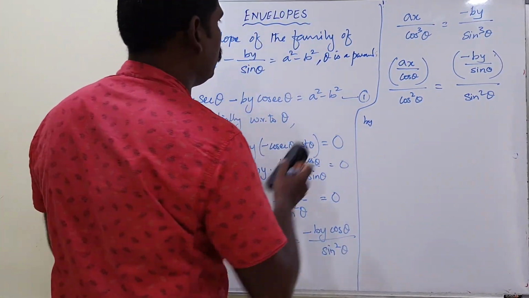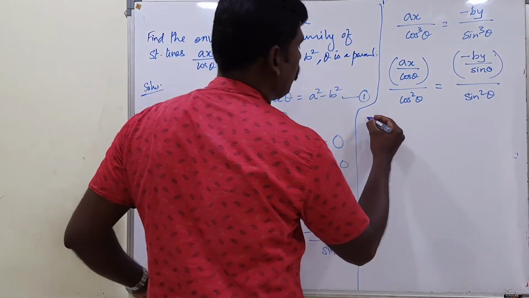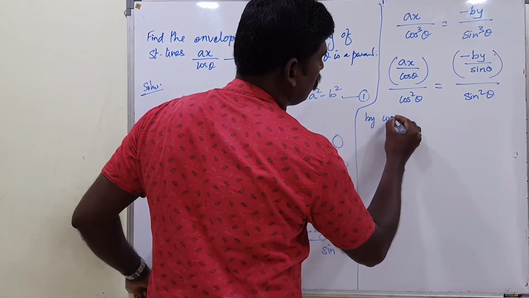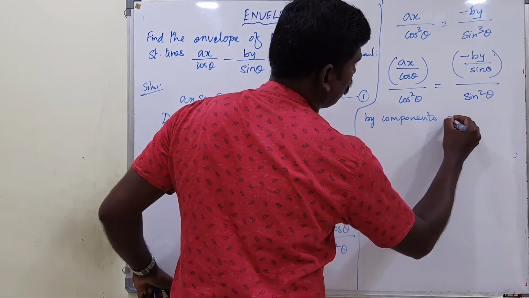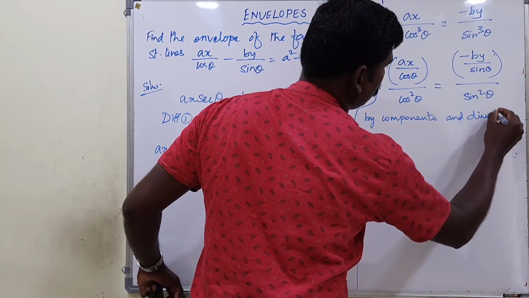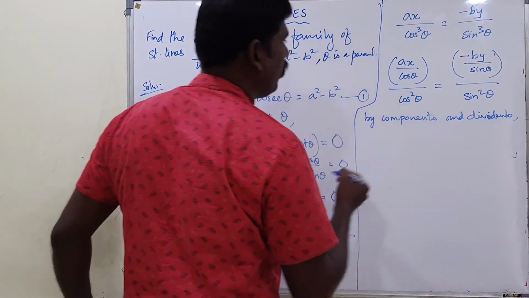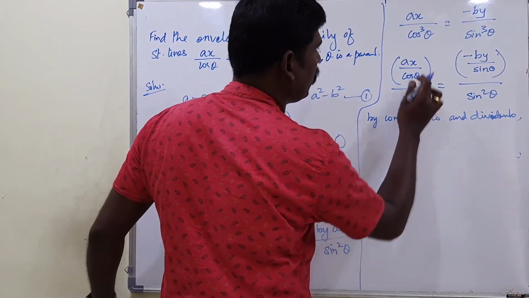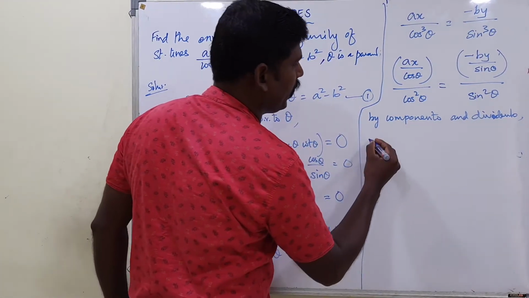By the componendo and dividendo method, we can add numerator with numerator and denominator with denominator.